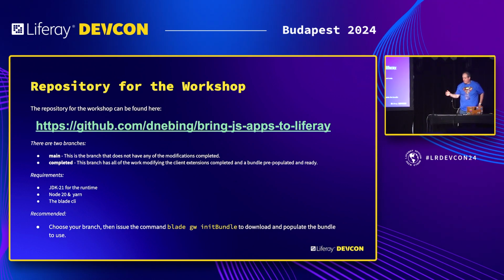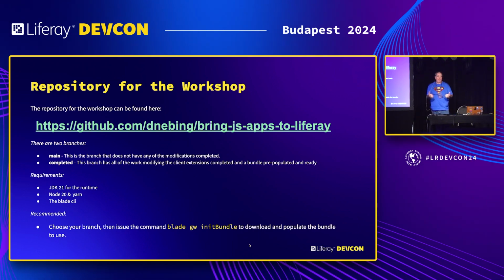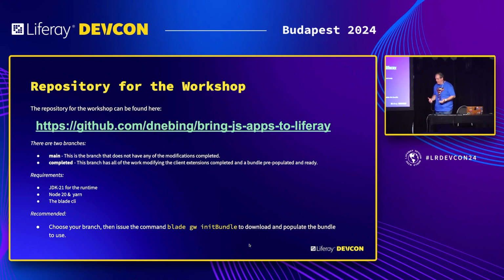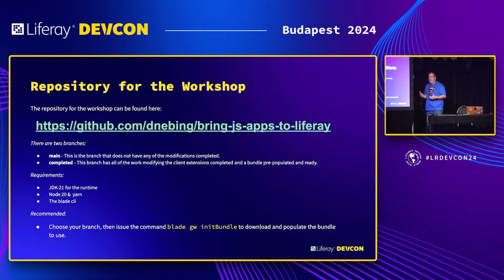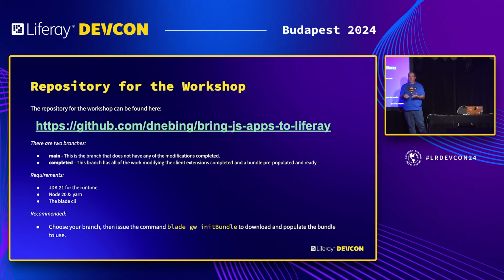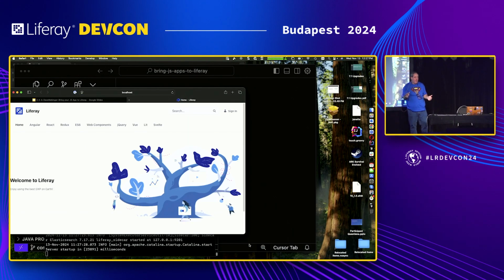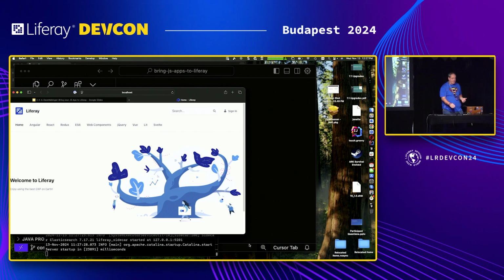So for the rest of the workshop, we're going to be talking about how to bring those custom applications that we might have into Liferay. The idea being that we are going to go to our team of front-end developers, our React folks, our Angular folks, our Vue folks. They may know absolutely nothing about Liferay, which is just fine.